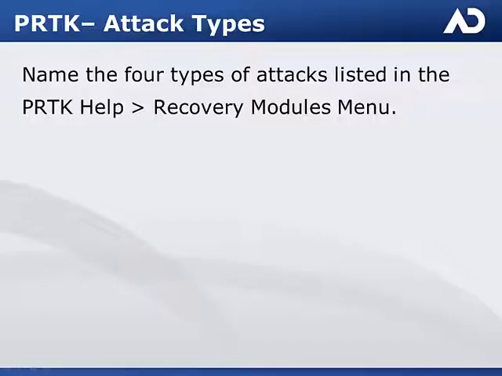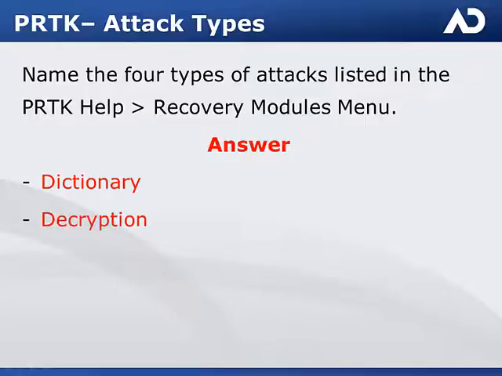And looking at that column that we just saw in the tool, we have a dictionary attack where a dictionary is used, a decryption where an analytical attack is performed on the file, a key space attack or brute force attack where all the possible combinations are tried, and then lastly there's a reset where PRTK will just zero out the location that stores the password, and you won't recover the password, but you'll have access to the document.